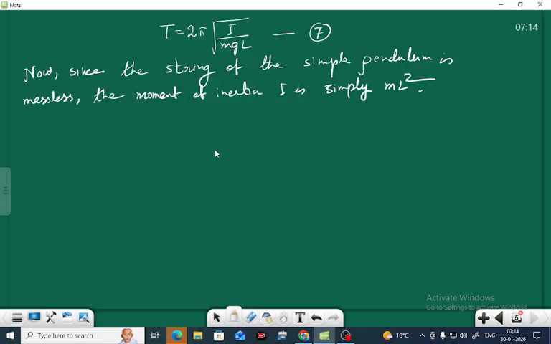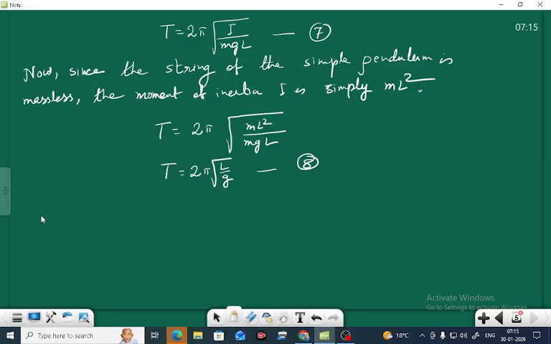So if you write m l square, then T is equal to 2 pi root over m l square by m g l. At the end we get T is equal to 2 pi root over L by g. This is equation 8.